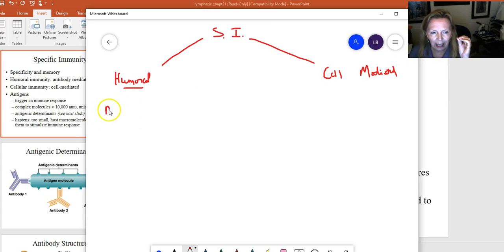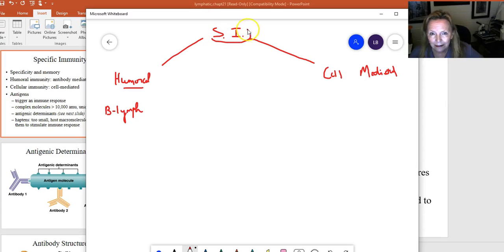What's needed for adequate humoral immunity are very special types of white blood cells called B lymphocytes. These are very special types of lymphocytes, and they're absolutely required for humoral immunity.